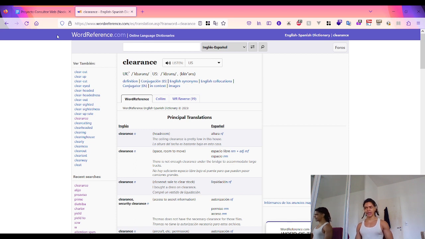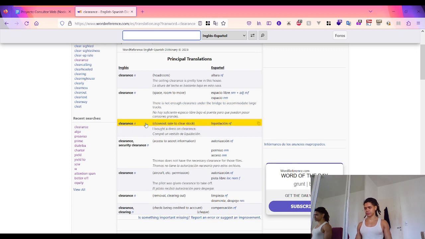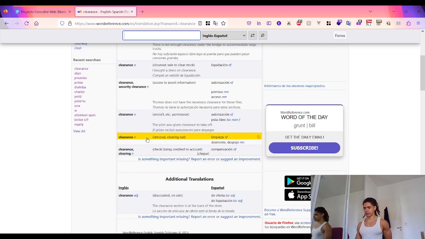It can be height, headroom, or space, liquidation, authorization, access, or clearing out, removal.